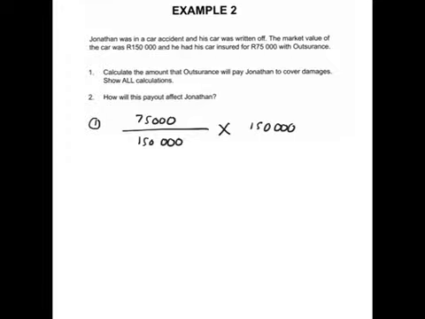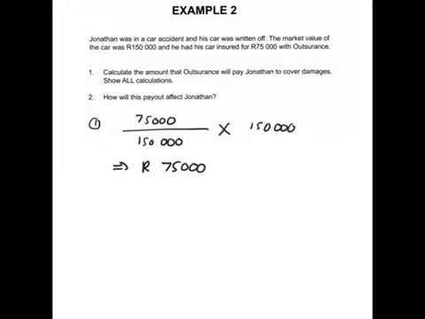So it's 75,000 Rand divided by 150,000 Rand times 150,000 Rand, and Jonathan is going to receive an amount of 75,000 Rand. So although the value of the car was 150,000 Rand, and he lost his car completely, he's only going to be paid 75,000 Rand by OUTsurance.